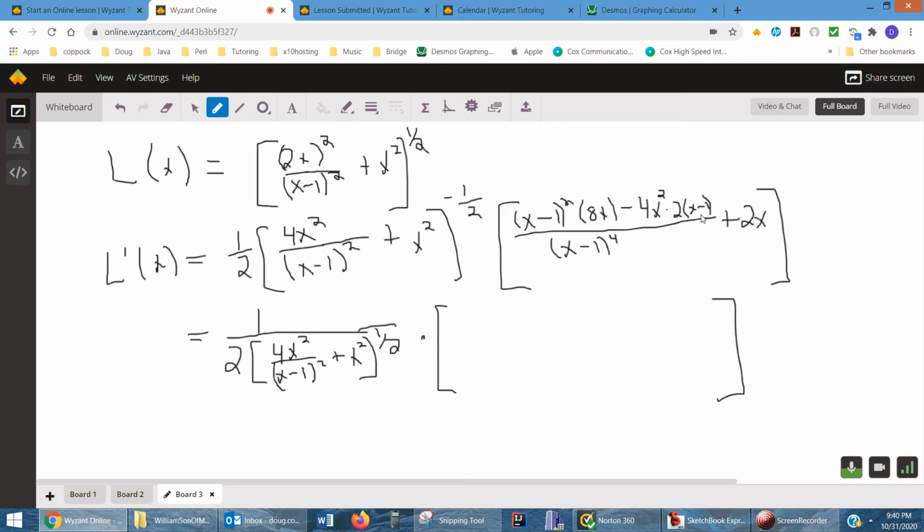Well, I'm going to factor out this x minus 1 in the numerator of the first fraction and get 8x times x minus 1. I factor out an x minus 1, so I get minus 8x squared. I still have all over x minus 1 to the 4th power. And I still have this plus 2x.